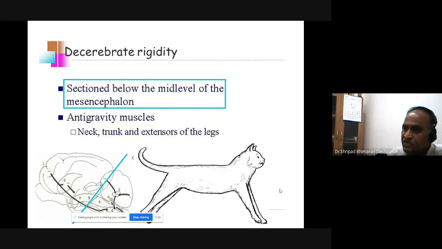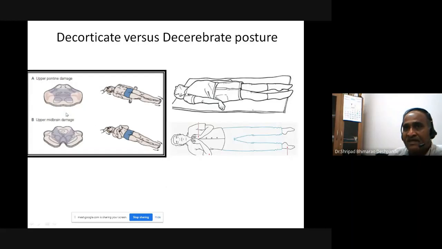So there are no righting reflexes. The anti-gravity muscles are rigid. These are anti-gravity muscles: neck, trunk, and extensors. This is one of the features in the cat. Maybe I will describe it here. If this is a man, he has extension of both the limbs.